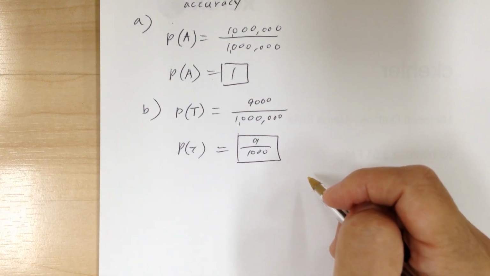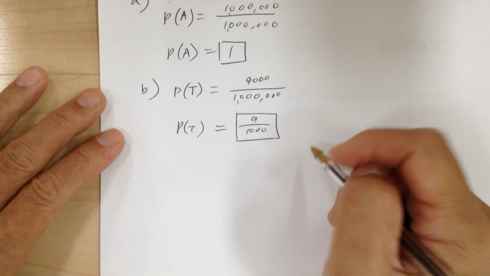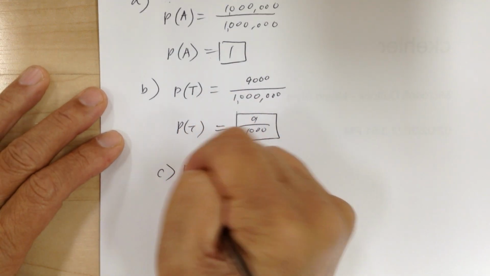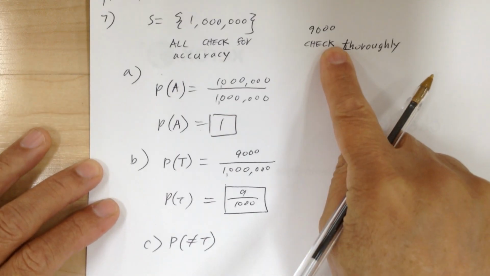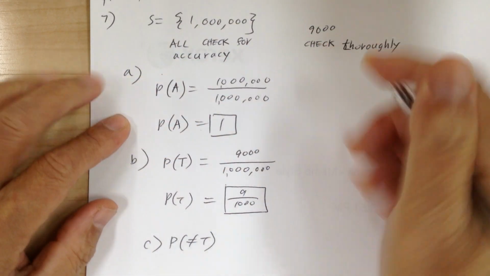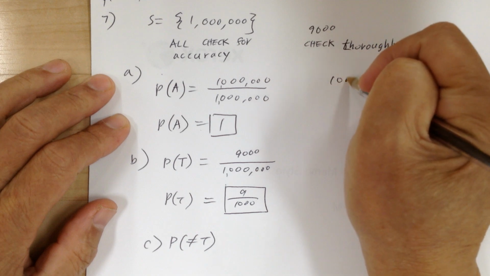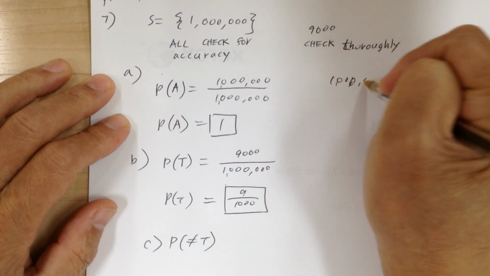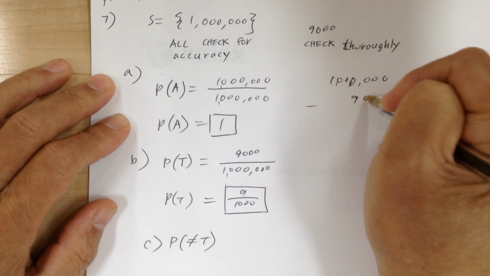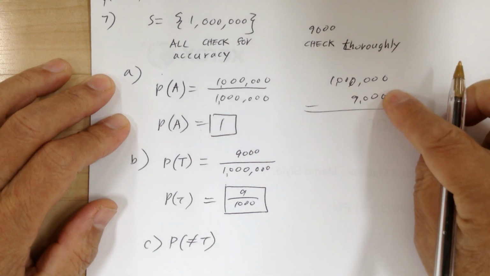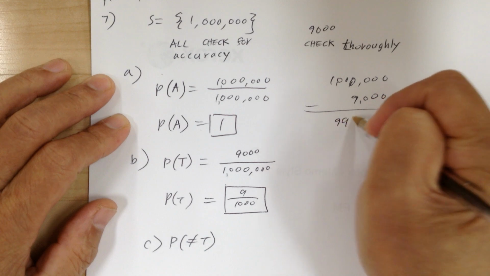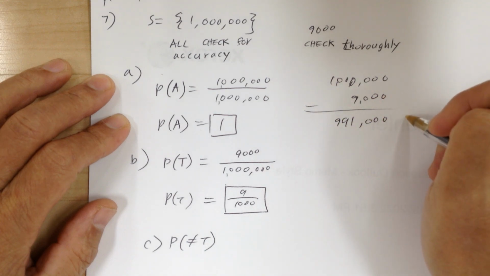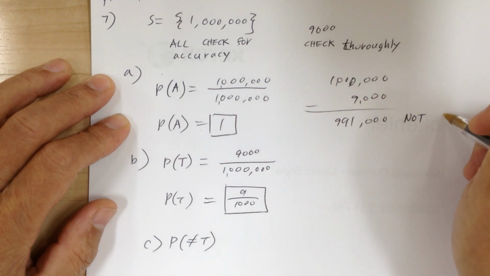Now, not checked thoroughly. Well, 9,000 are checked thoroughly, so you have to subtract that. So the total minus that will give you 991,000. So this is not checked thoroughly.